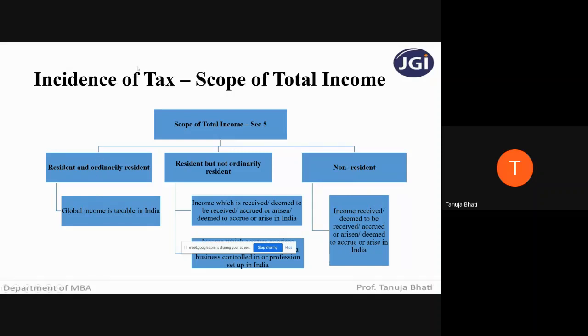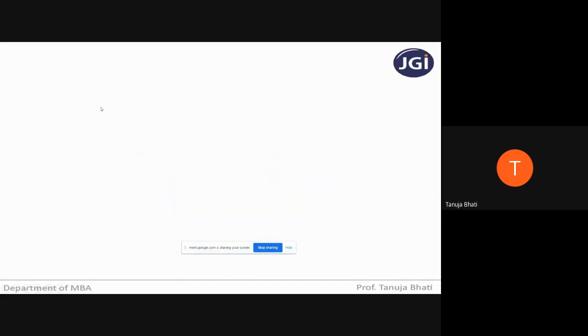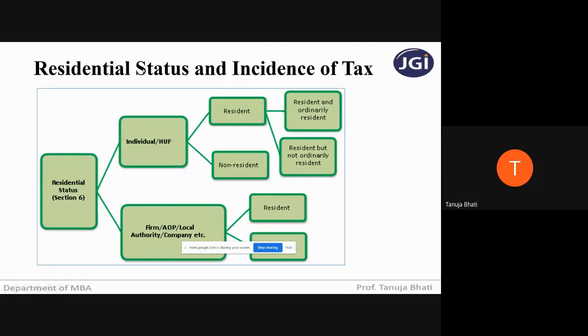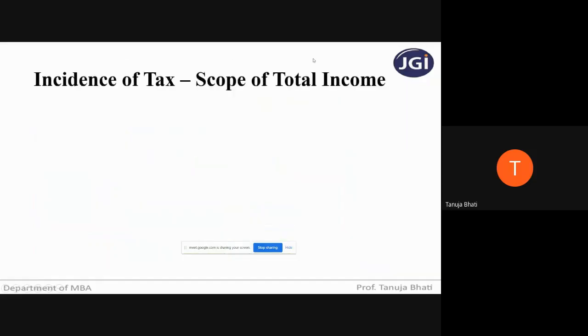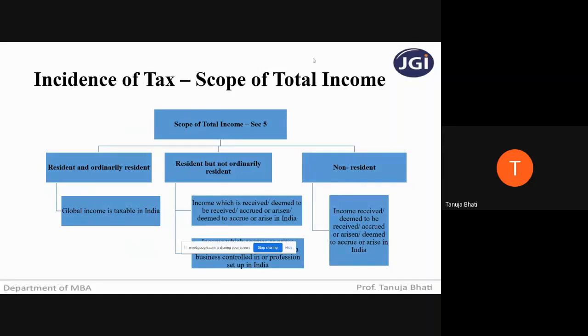So I hope this is clear: what is residential status and incidence of tax. Remember, residential status is Section 6, incidence of tax is Section 5. Is this clear? Now let us move ahead and see how to know whether a particular SSC is resident, non-resident, resident but not ordinarily resident, or resident and ordinarily resident.